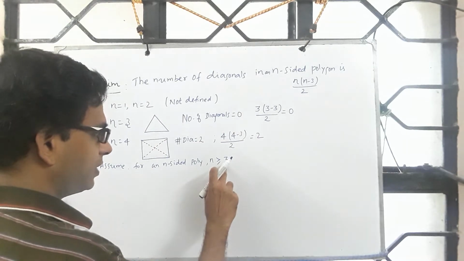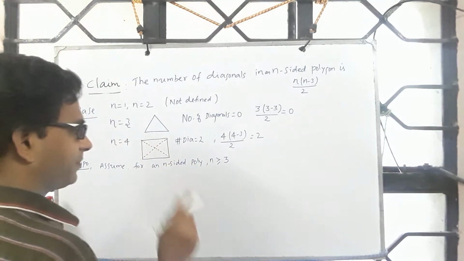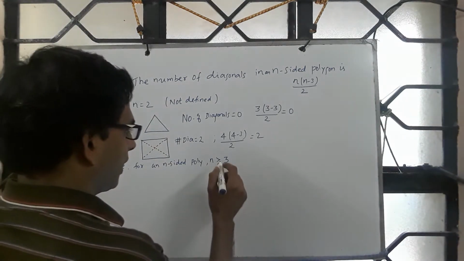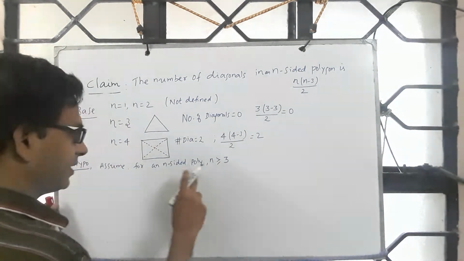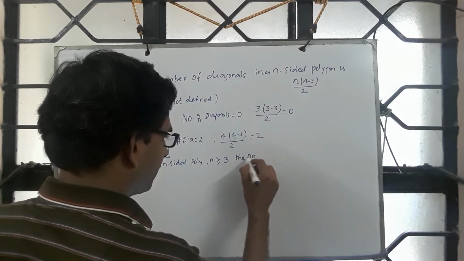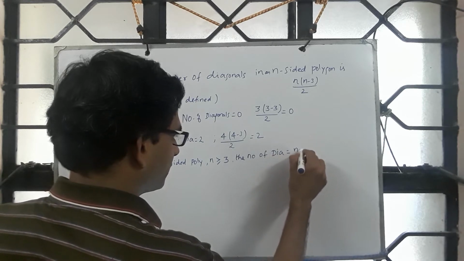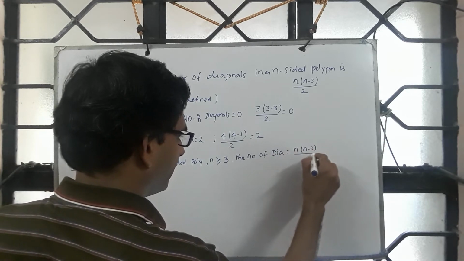So the lower bound given as part of the hypothesis must have been proved as part of the base case. And assume for an n-sided polygon, the number of diagonals is n into n minus 3 by 2.